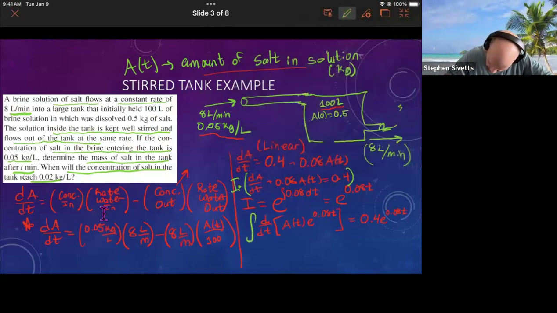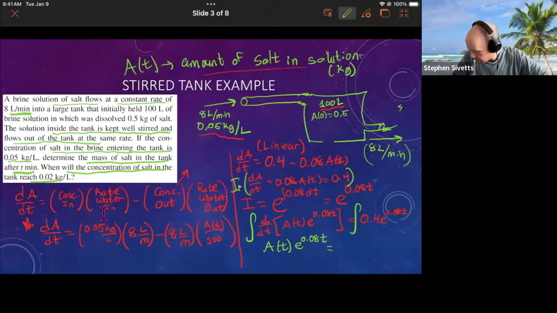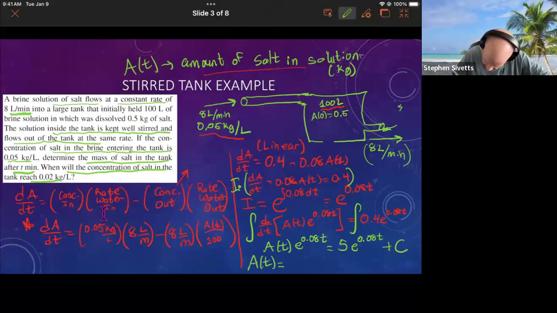Then if we integrate both sides, if I integrate on the right-hand side, I will get 5 times e to the 0.08 t plus c. And so I'll have A of T equals 5 plus c times e to the minus 0.08 times t. Okay?